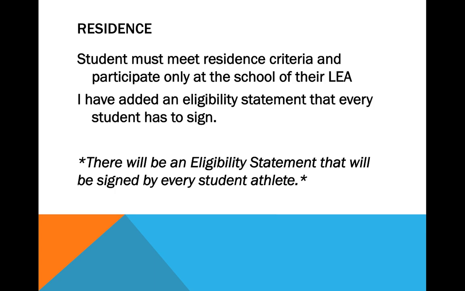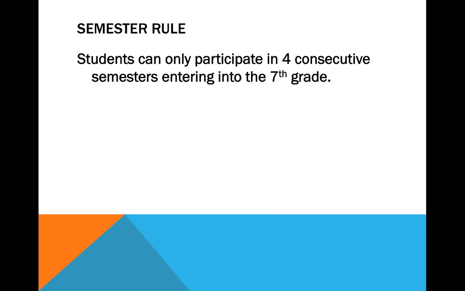There'll be an eligibility statement signed by every student athlete. This is to cover ourselves and show our due diligence, that we did make sure the student was assigned to the right school. Semester rule: students can only participate in 4 consecutive semesters entering into the 7th grade.